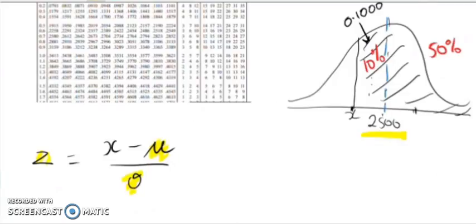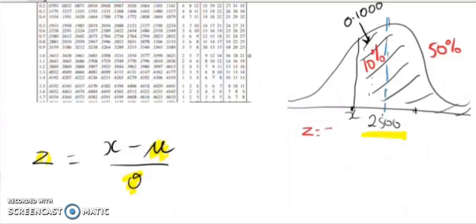Now, one thing that we have to be a little bit careful about is that the z-score to the left of the mean is going to be a negative z-score. So I don't forget, I'm going to write z equals negative. Right, so I'm trying to find a z-score that would give me a probability of 0.1.